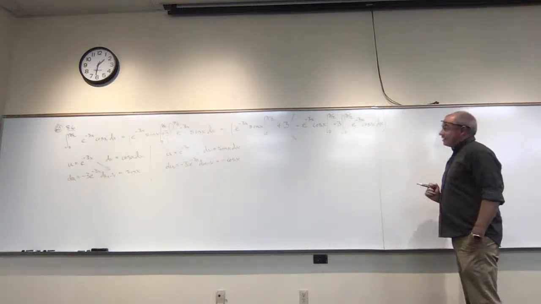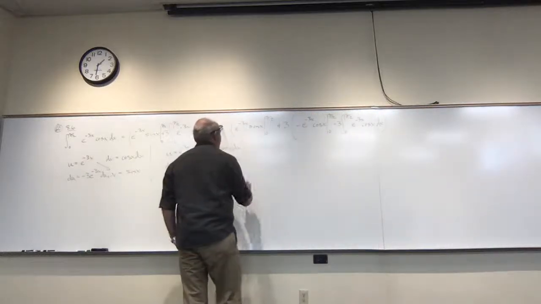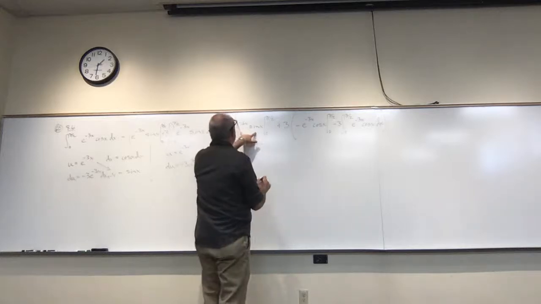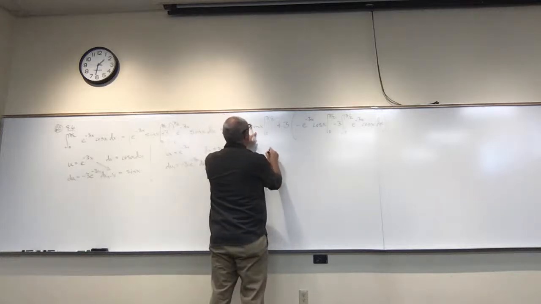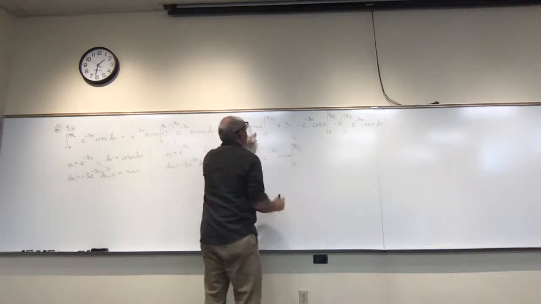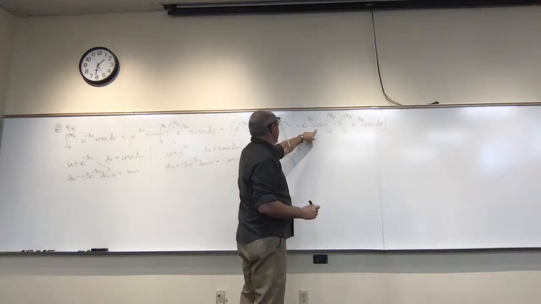All right, let's rewrite that again because that's kind of a mess. What I have here is this piece, which is e to the negative 3x sine x, evaluated from 0 to pi over 2. Then I have 3 of these, correct?